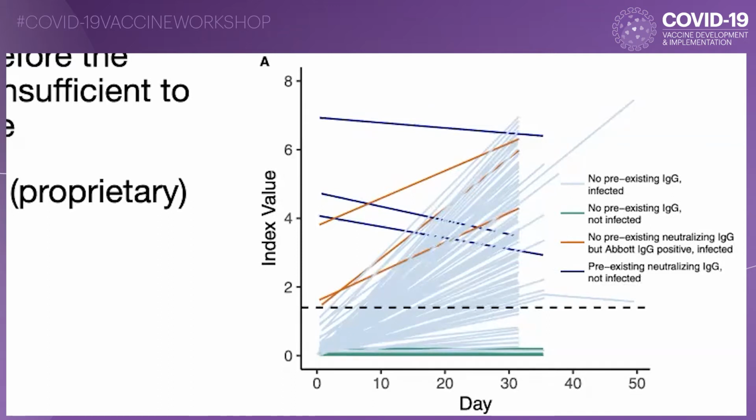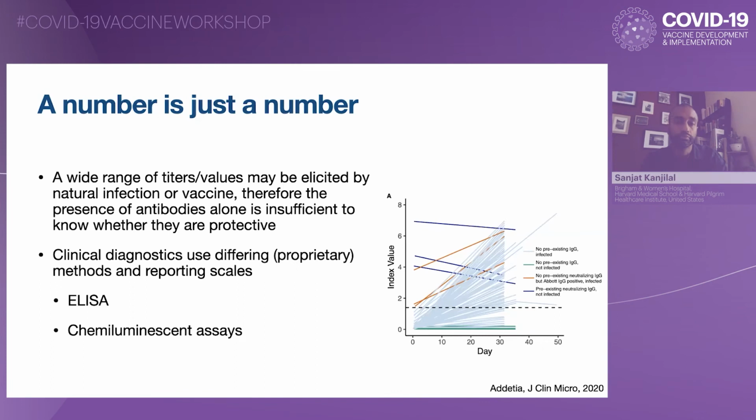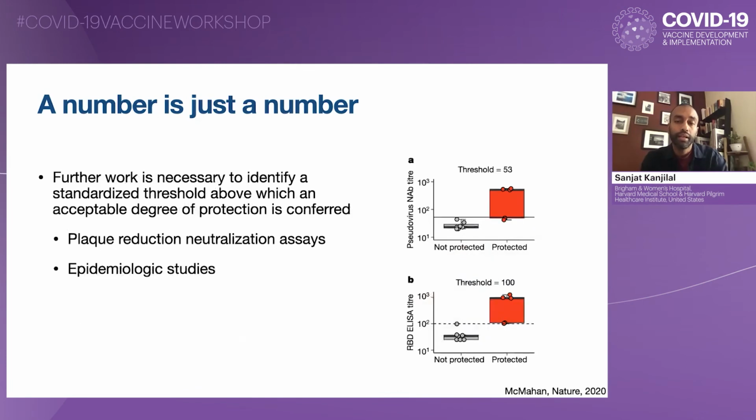The two most common assays being used right now for measuring these antibodies are ELISA assays and the chemiluminescent assays, CLIA assays, that are high throughput and used by platforms such as the Roche platform, Diasorin, and Abbott. And so what is really necessary here is to identify a standardized threshold of antibody levels above which an acceptable degree of protection is conferred.